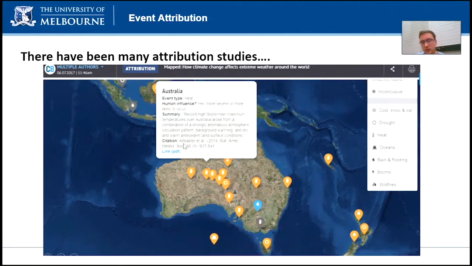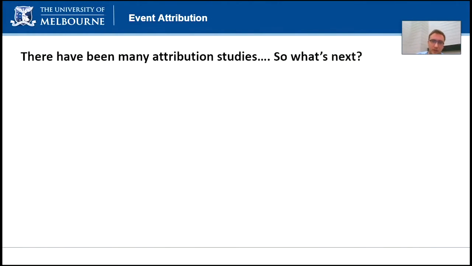And if you click the pins, you can learn more on individual studies. So this is just an example of a paper by Julie Arblaster from a few years ago. So there have been lots of attribution studies done to this point, but what's next for event attribution?